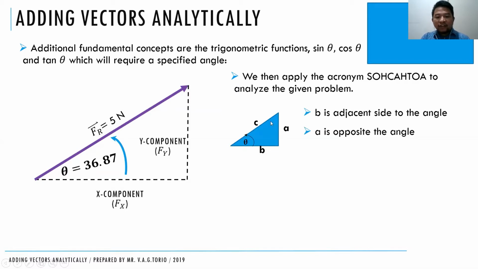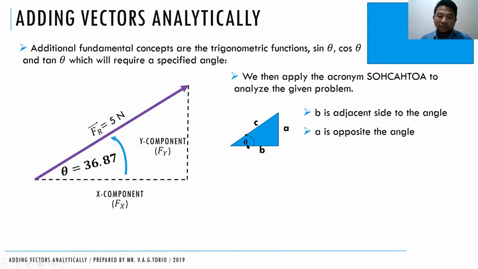In our similar triangle here, we represent B to be the adjacent side to the angle theta. Again, it's not C because C is labeled as the hypotenuse, although C is also adjacent to the angle theta.